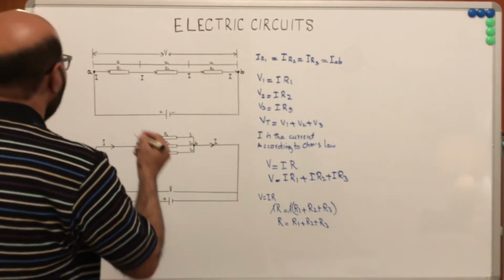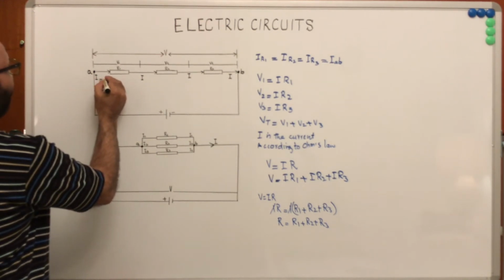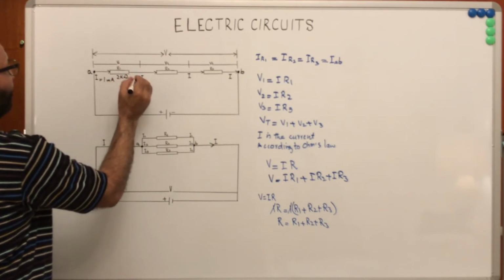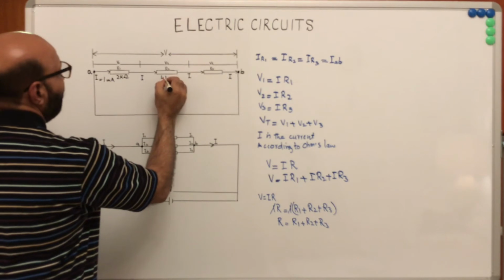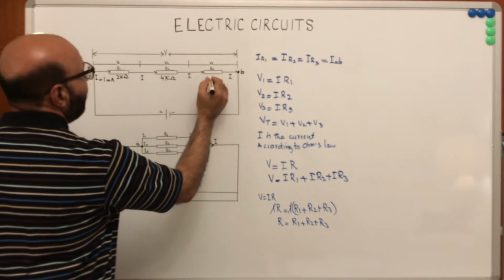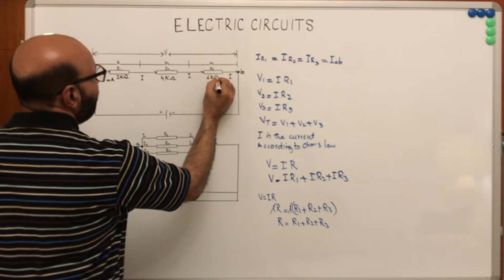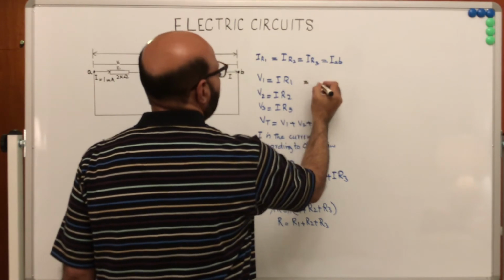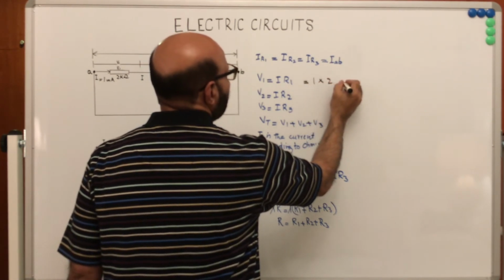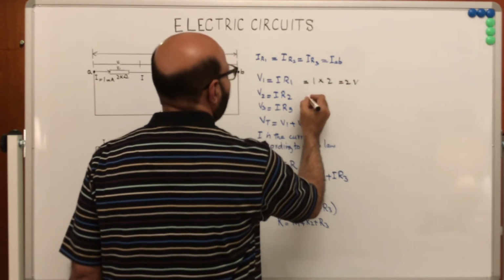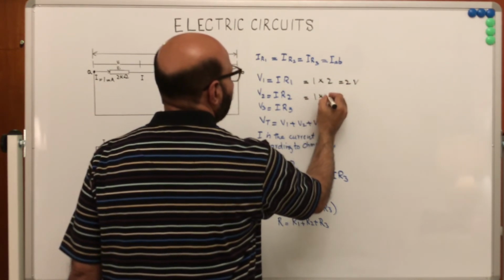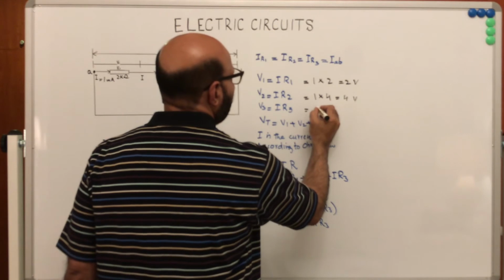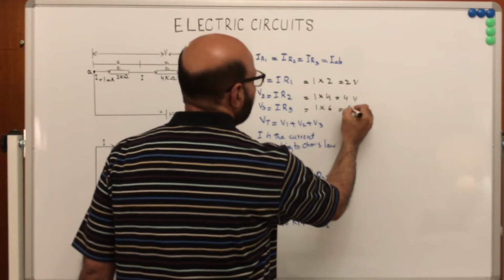Let's take I as 1 milliampere, and this resistor R1 is 2 kilo ohm, R2 is 4 kilo ohm, and R3 is 6 kilo ohm. Let's see, V1 is 1 times 2, which is 2 volts, V2 is 1 times 4, which is 4 volts, and voltage 3 is 1 times 6, which is 6 volts.